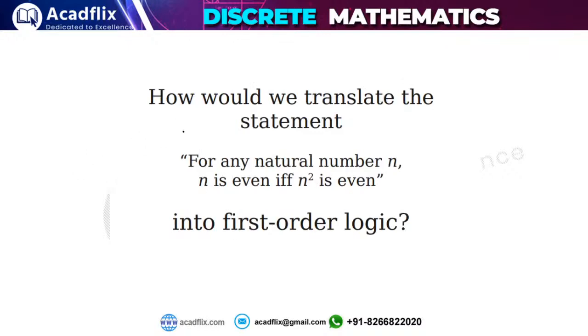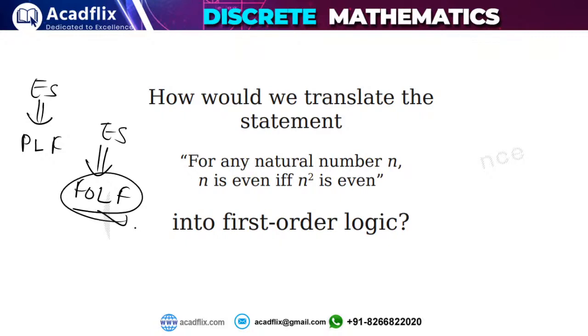Next, if you remember, in propositional logic we were converting an English statement into a propositional logic formula. Now we will take an English statement and convert it into a first order logic formula.